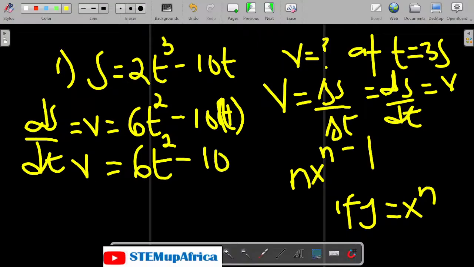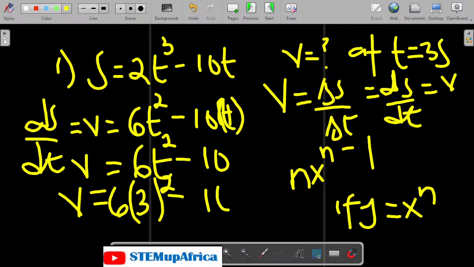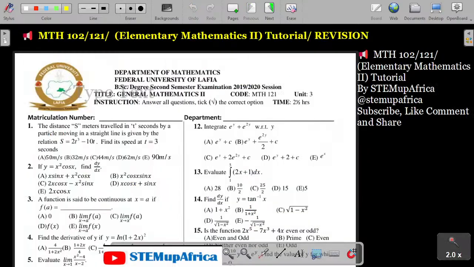At t equals 3, v equals 6 times 3 squared minus 10. 3 squared is 9, 9 times 6 is 54, so 54 minus 10 gives 44 meters per second. So the answer to question 1 is simply 44 meters per second.